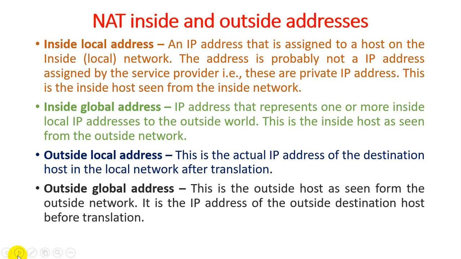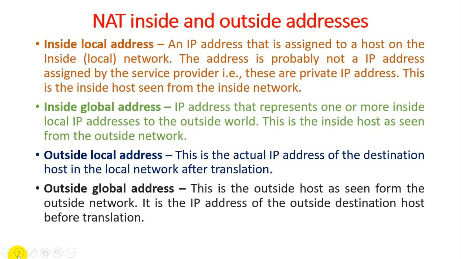And what is the outside global address? This is the outside host, or we can say computer system or server, as seen from the outside network. It means this particular address is registered publicly and globally. It is the address through which all requests generated from the internal address reach the outside.